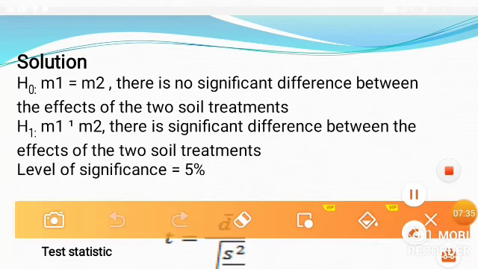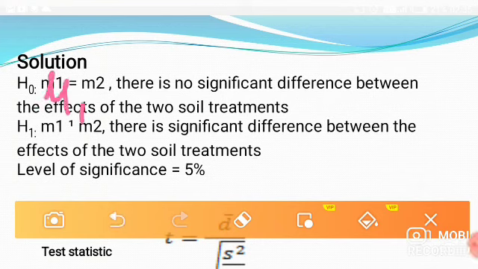Here H naught, the null hypothesis, is mu1 equal to mu2. It means there is no significant difference between the effects of the two soil treatments.